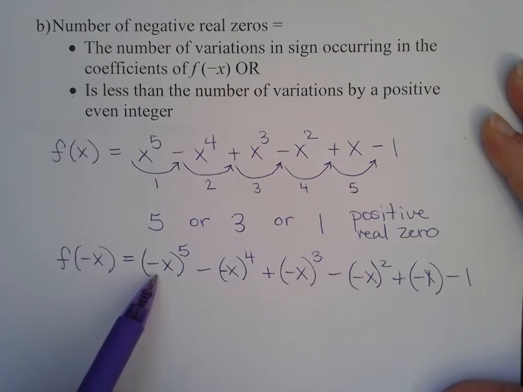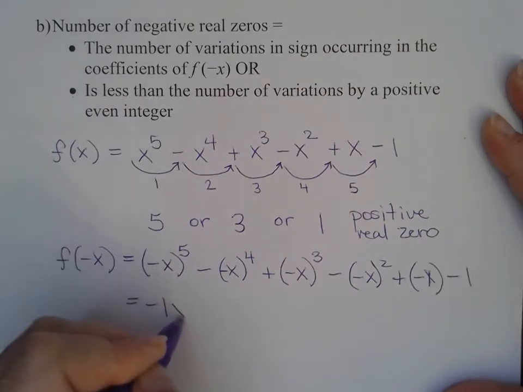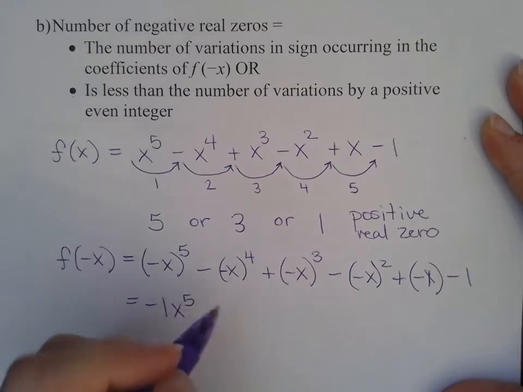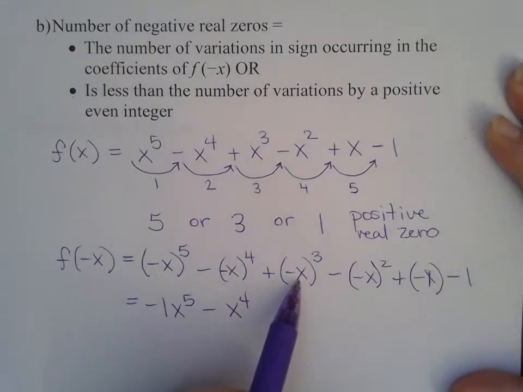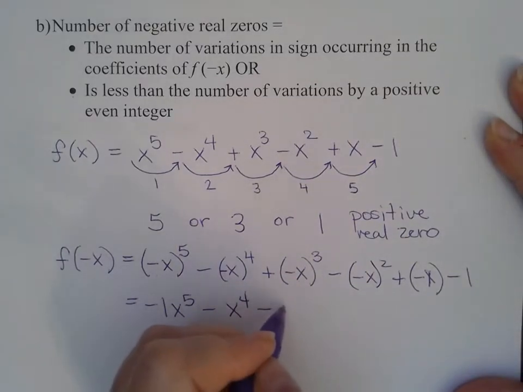Okay, so if I raise negative x to the 5th power, it's still going to be negative. If I raise negative x to the 4th power, it's going to become positive, but I already have a minus sign here, so that stays. If I raise negative x to the 3rd power, it becomes negative.